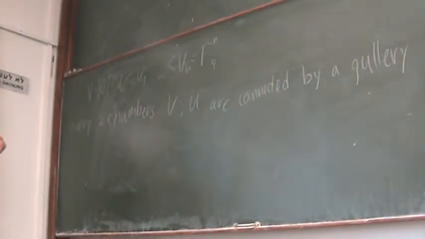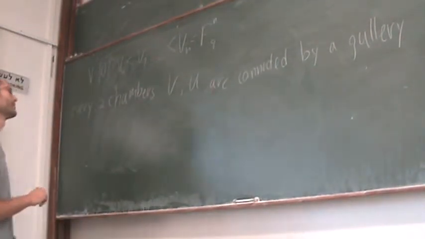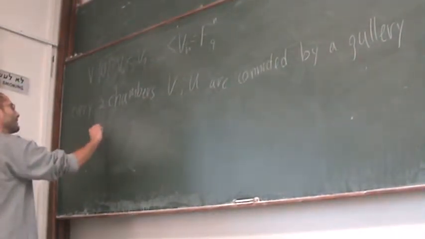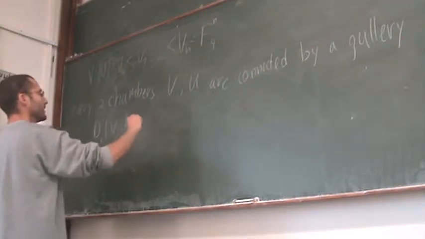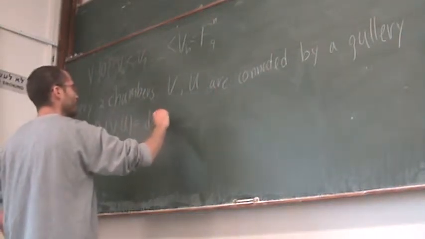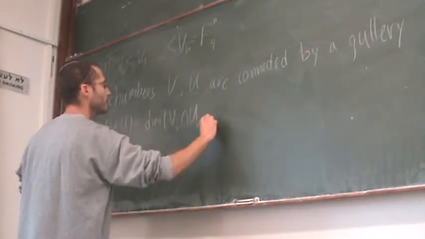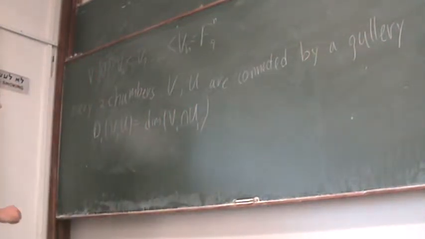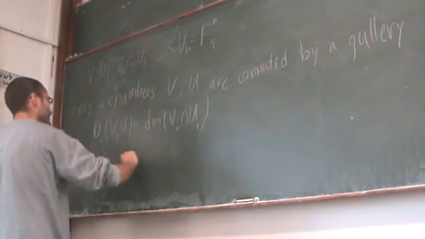Now, so we first define what the difference between two galleries is. So, two chambers is, excuse me. So we define, you can define functions d_i(V, U), the dimension of intersection. And let's also define this to be the sum.